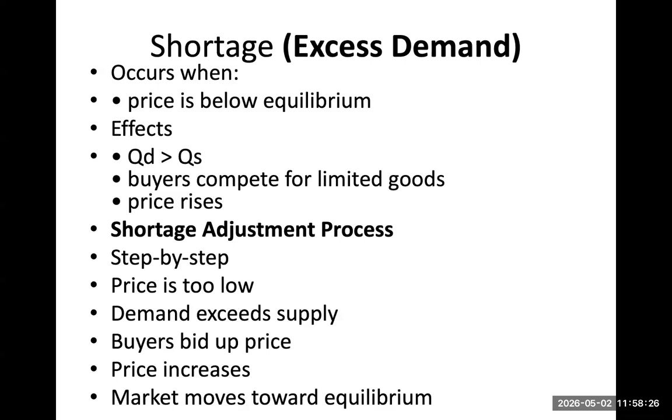Therefore, they will force the price to rise. Pushing the price to rise, it will fall back to what? The equilibrium level. Because at that moment, demand has exceeded the supply, the buyers will bid up prices, because those who can bid a higher price will get the product. So this will push the price to increase. Therefore, the market will move towards the equilibrium.